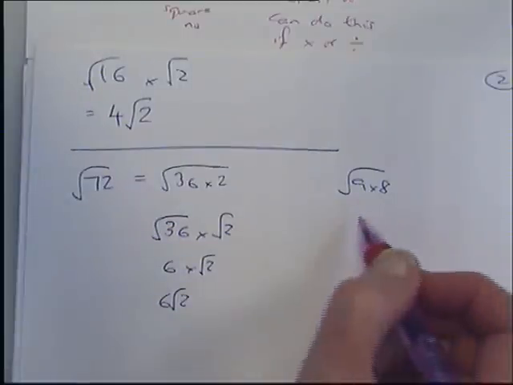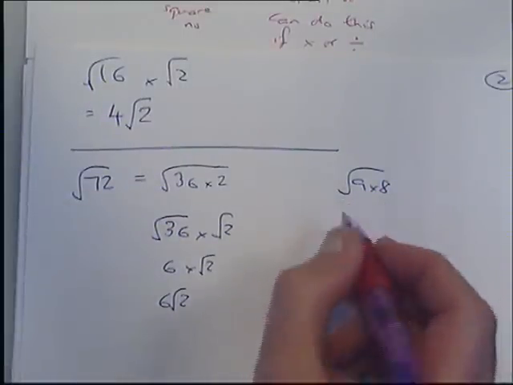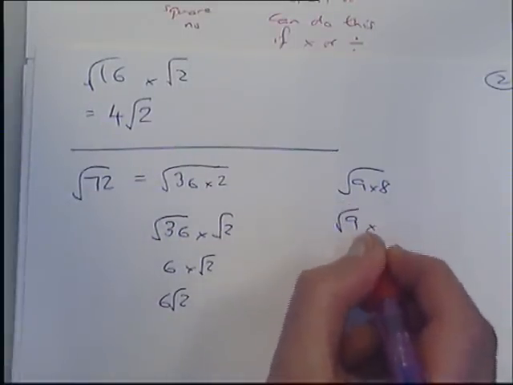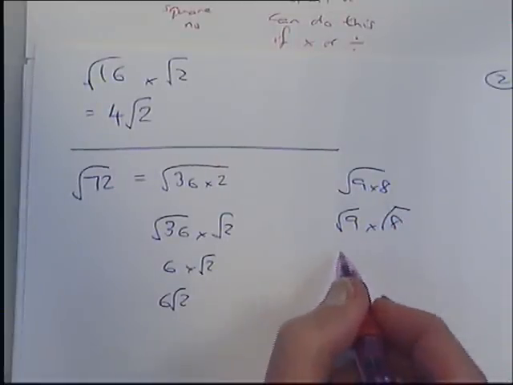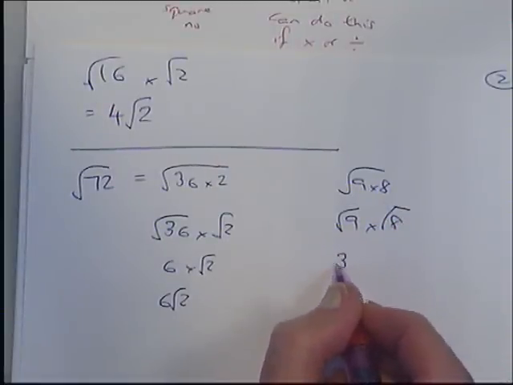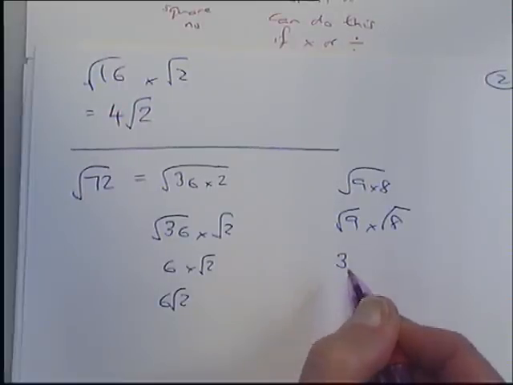If we had done it using Patrick's way over here, I could have rewritten that as the square root of 9 times the square root of 8. 9 square rooted is 3. Square root of 8, we worked out what the square root of 8 was earlier in today's lesson. Can anybody just look in the notes? What was the square root of 8 when it was simplified?